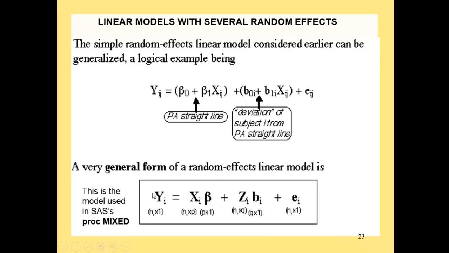And it makes sense if you think about the constituents here. So yi is a vector or column matrix of the responses for the ith subject. So when you write the model statement, you write model something equals something else. Okay, well that first something on the left side of the equal sign, those are your responses. Then you've got X as the fixed factors and beta as the fixed effects.